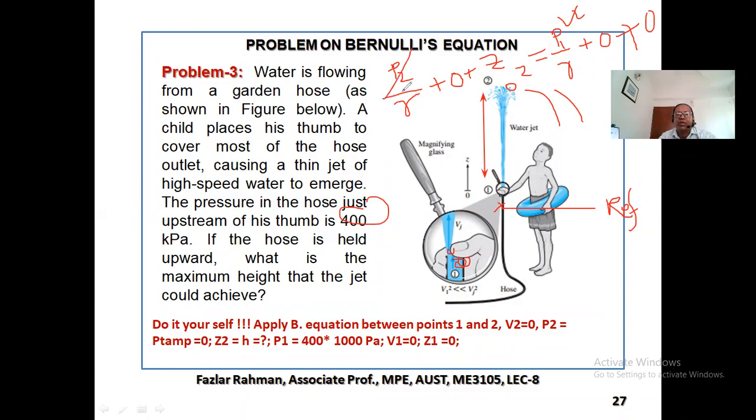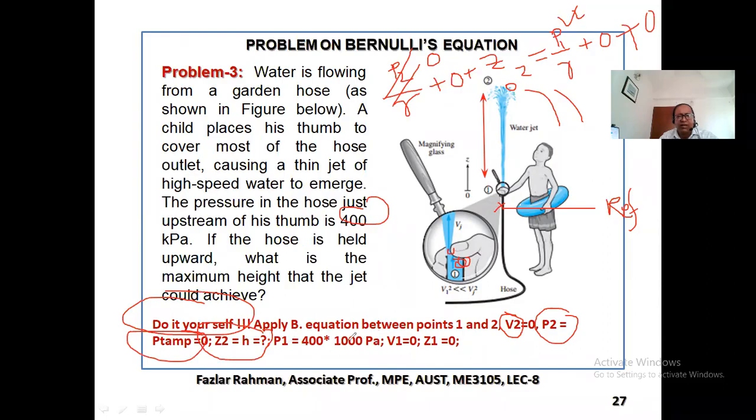What is the value of P2? Atmospheric pressure. Okay. But if you are figuring out the height with respect to the gauge pressure, then you can say this pressure equals 0. So I say you can do it by yourself. At point 2, V equals 0, P2 equals P atmosphere equals 0. Z2 you need to figure out. So Z2 equals what?